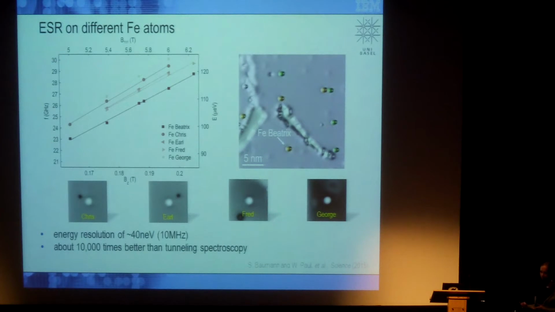Before, the spectroscopy that I showed you was limited by the temperature of the system. Now with this, even at the same temperature, we can get to a much, much better resolution. In fact, about 10,000 times better than what the conventional atomic spectroscopy had.